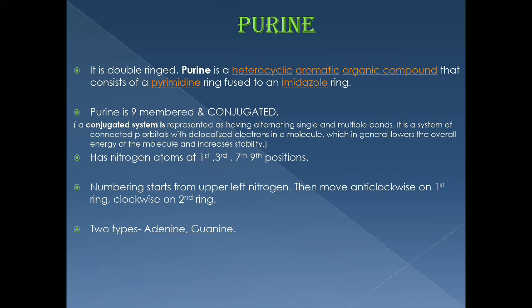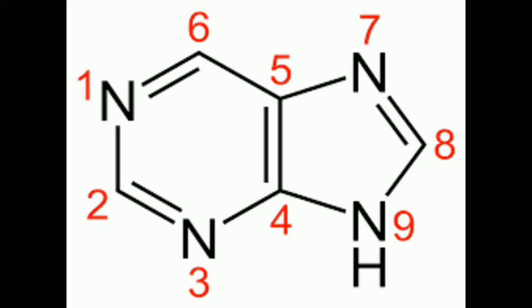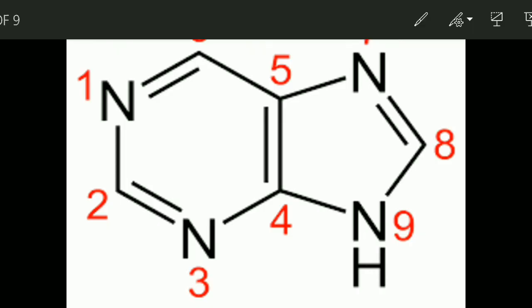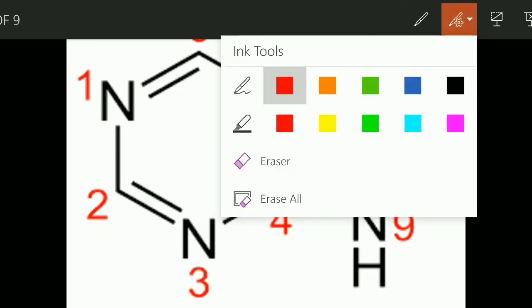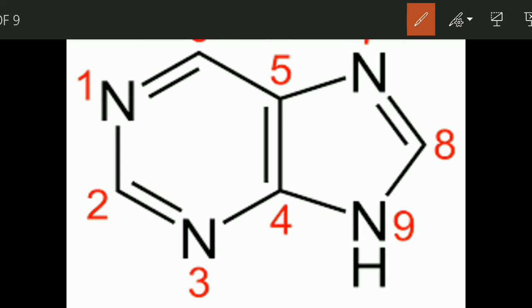So let's see how the numbering is done. Numbering starts from the upper left nitrogen, then moves anti-clockwise on the first ring, clockwise on the second ring. So we find that the numbering is anti-clockwise, that is like this, in the first ring, while in the second ring the numbering is in clockwise direction, that is this.